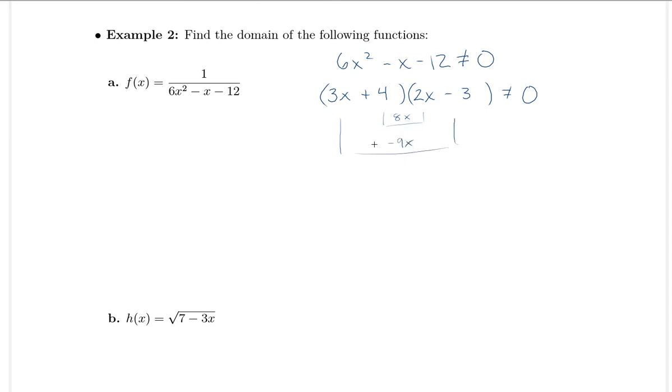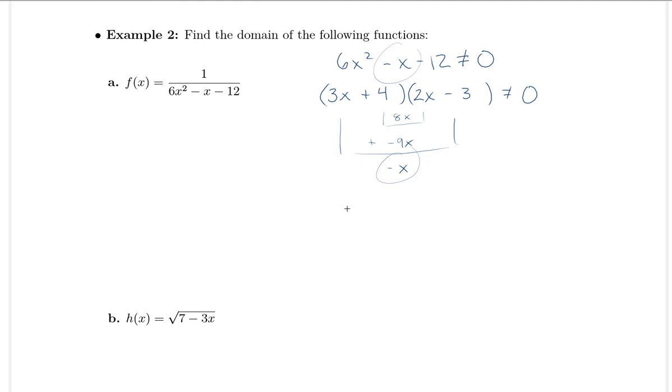And when you add those, you better get the middle term, which we do. So that's how you know you did it right. So any of those other combinations, whether you put 2 here and 3 here, or 2 here, 6 here, 1 here, 12 here, there's lots of different combinations. Those would not be the right ones, because when you did their inside plus their outside, it would not give you the middle term.